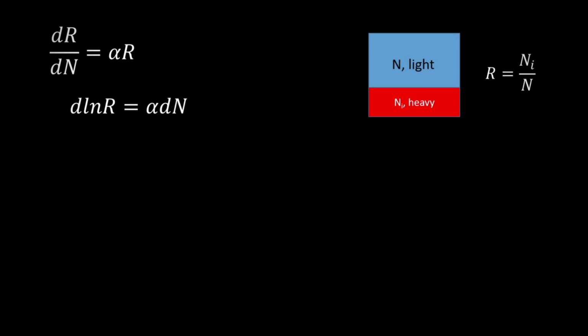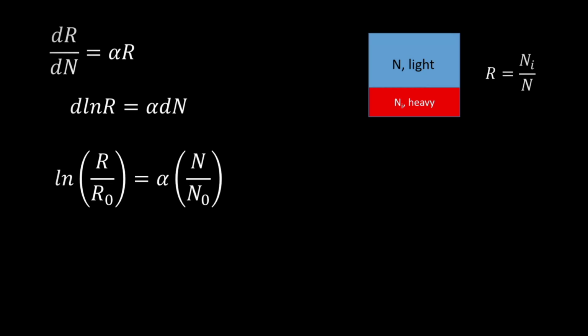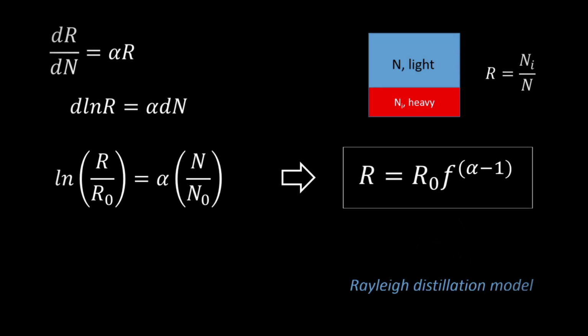With a little bit of algebra, we can write down an equation that we can integrate, leading to an equation that relates our final isotope ratio to simply the amount of water vapor that remains, F. Here F is the number of molecules or the amount of water vapor that remains compared to the number of molecules we had to begin with. This is the Rayleigh distillation model, and it describes the isotopic rainout effect as water vapor is continually removed and the heavier isotopes are removed preferentially. Notice it depends principally on the fractionation factor alpha, but also just the rainout amount, F.